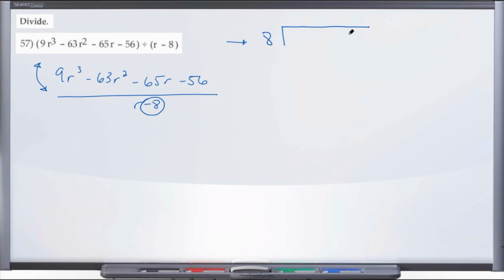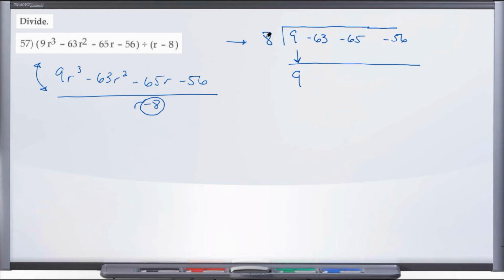And now we're going to take the coefficients of everything that we have in our numerator. So we have a 9, we have a -63, we have a -65, and then we have a -56. All right, let's go ahead and draw our line. We always bring down this first number no matter what it is, and in this case it's a 9.